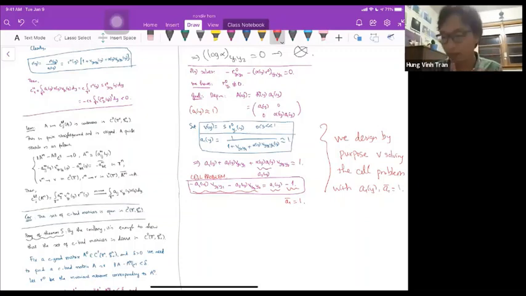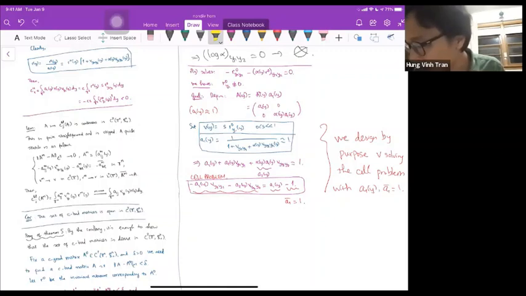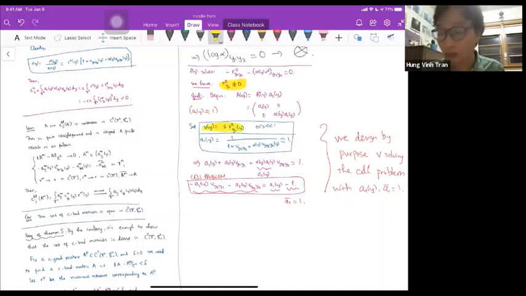So that's just by purpose. And furthermore, the second reason is that, remember, the key point is that r naught of y1 is not trivial. I said v y is s times r naught of y1.